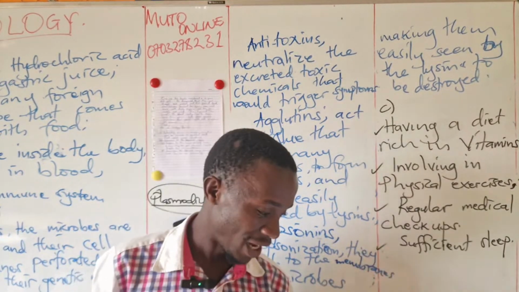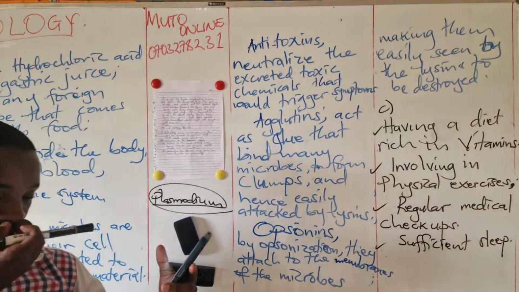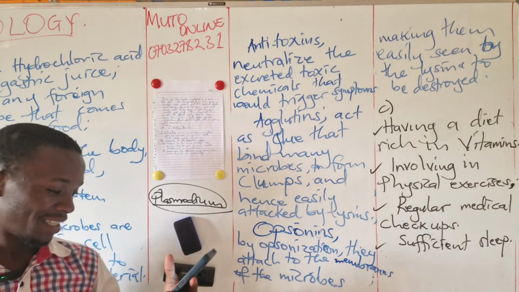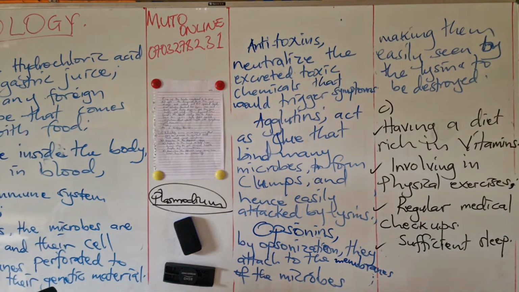Sufficient sleep, Fiona. So Ryan is saying that sufficient sleep gives body organs such as the heart the ability to perform their functions smoothly.